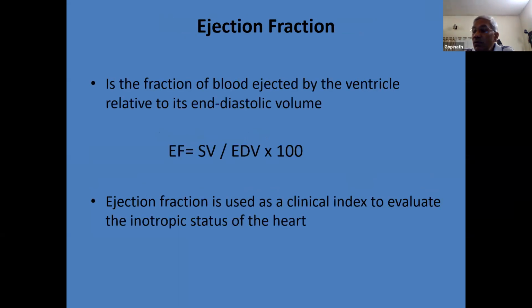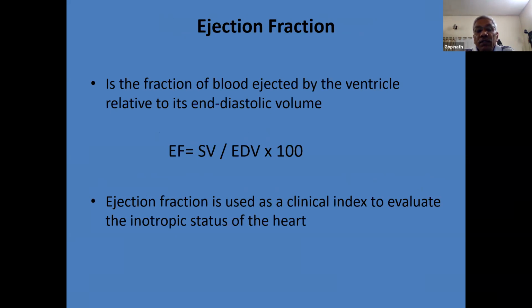So how do we have a measure of the left ventricular or the right ventricular function, and this is usually in terms of systolic function. So the ejection fraction is the one which we use. This is the fraction of blood that is ejected by the ventricle relative to its end-diastolic volume.